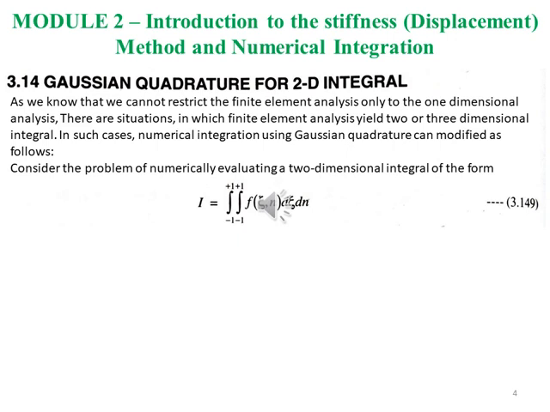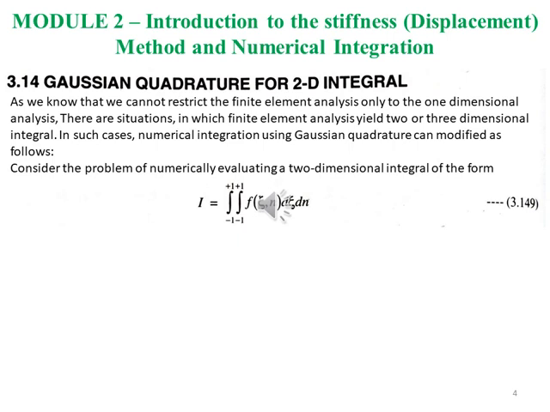So let us consider a problem of numerically evaluating a 2D integral, that is of the form f of z n del z del n, integrating z from -1 to +1 and n from -1 to +1. So the Gaussian quadrature for a 2-dimensional integral is given by I is equal to the integral from -1 to +1, again -1 to +1, of f of z n del z del n.